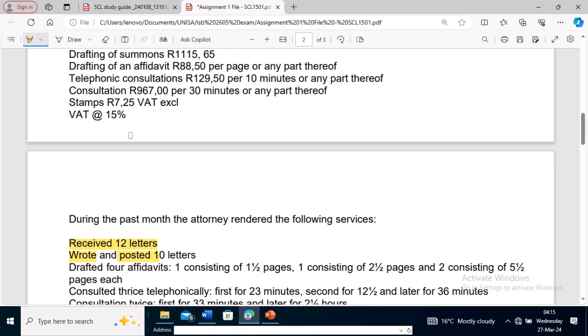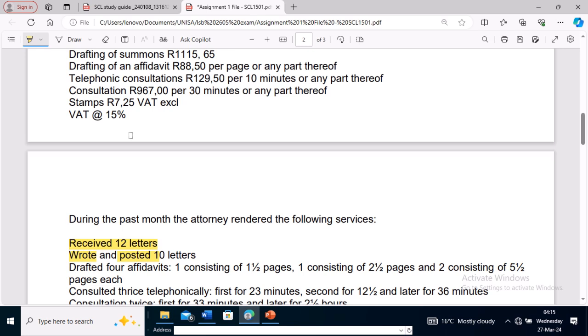Each affidavit is 88 rand 50 cent per page or any part. Any part includes a half, a quarter, or whatever. The first one consists of 1 page and a half, which means it's going to be 2 pages, because that half counts as a full page.